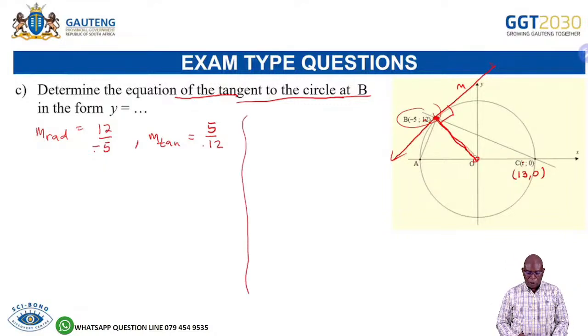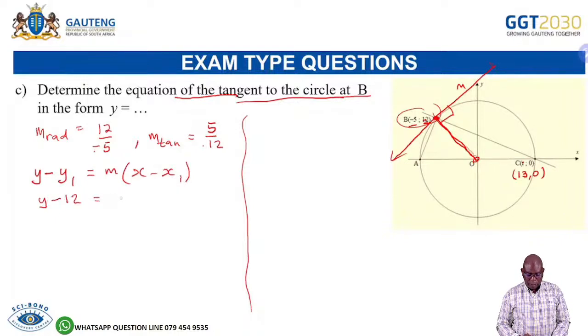So how do I get the equation of the tangent? The equation y minus y1 equals m into x minus x1. Then I substitute: my point is negative 5 and 12, so y1 will be 12. The gradient that I'm going to use is the gradient of the tangent, which is 12 over 5, into x minus negative 5.